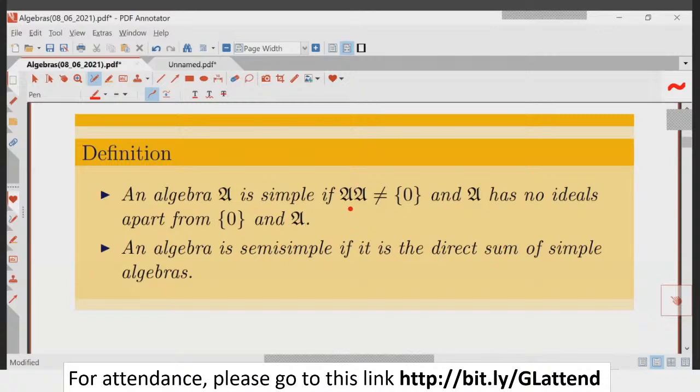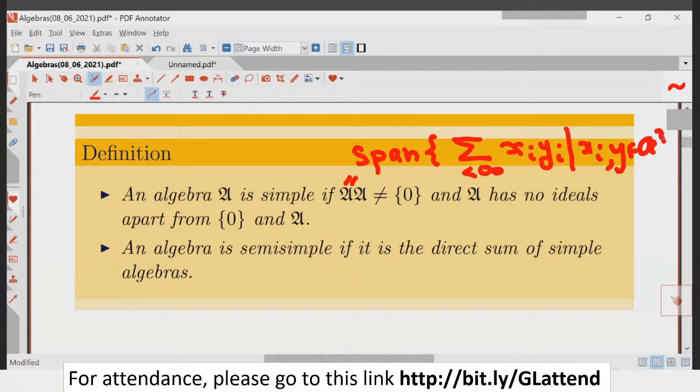What does this mean? Consider the span of elements of the following form: the summation, which is finite, of xi yi, where xi and yi are elements of A. This is a subspace, and it is an ideal.